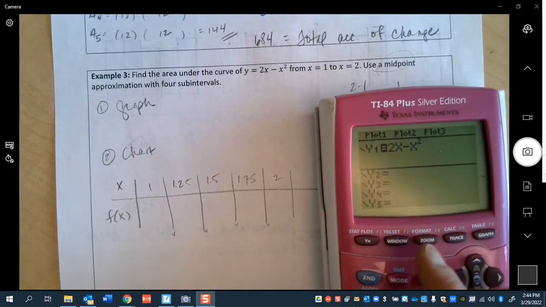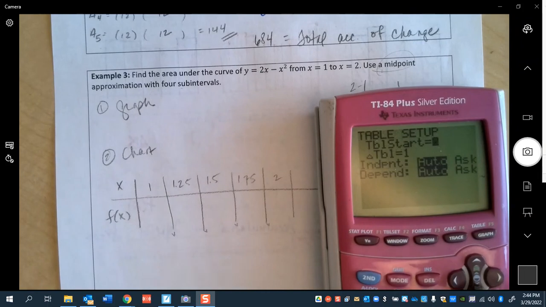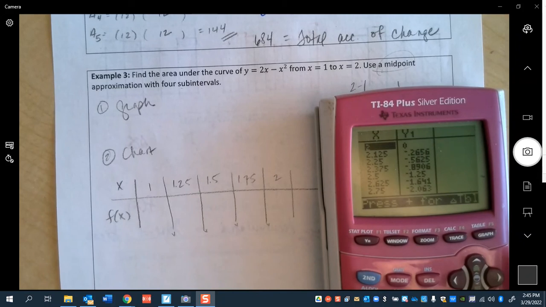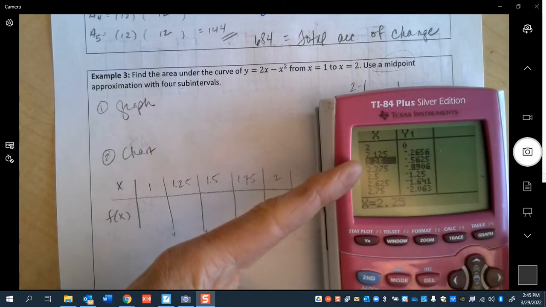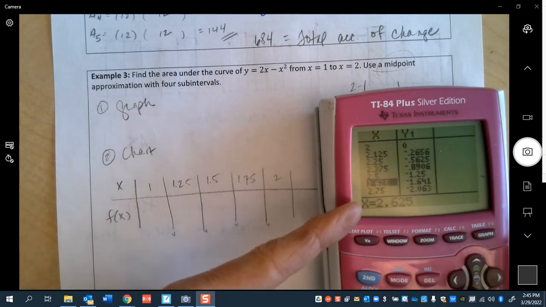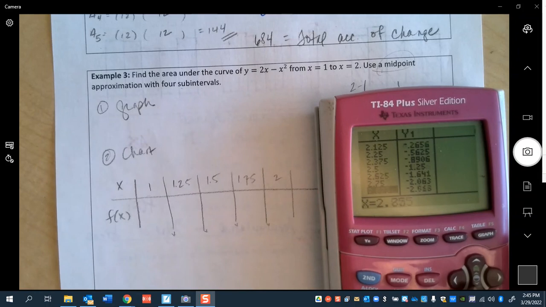And then when you go to your table set, instead of going up 1/2 or a quarter, you have to go up 1/8. So you want your table to go up by 1 divided by 8 or 0.125. Then when you go here, you'll end up with each of your values for those.